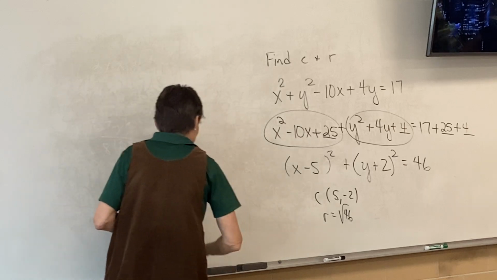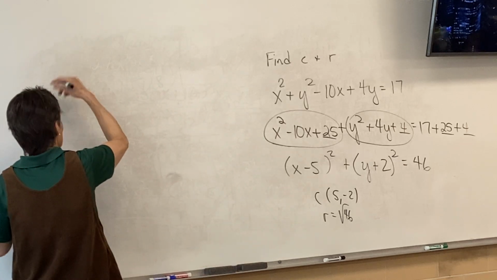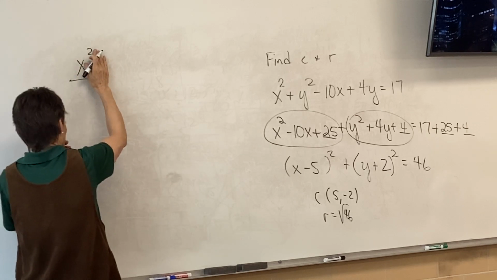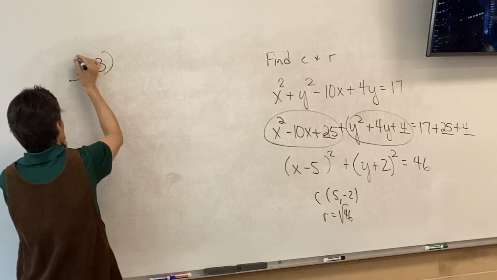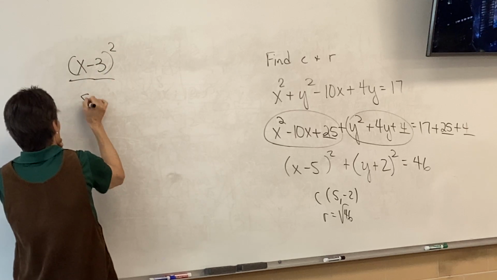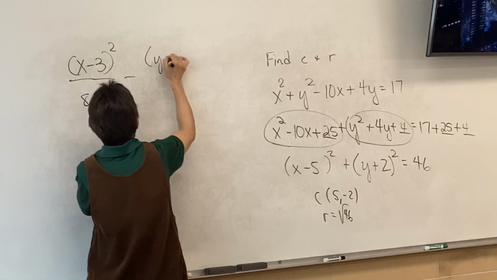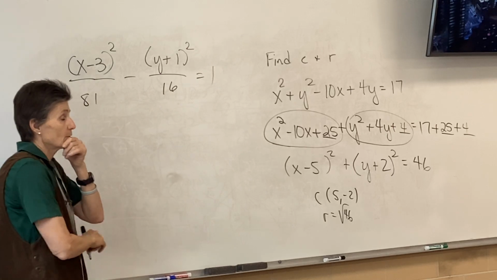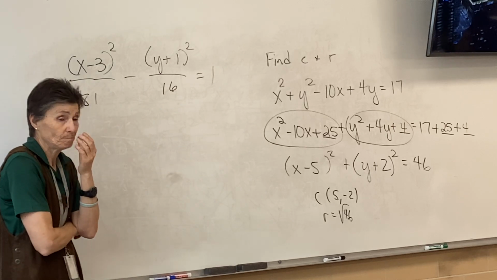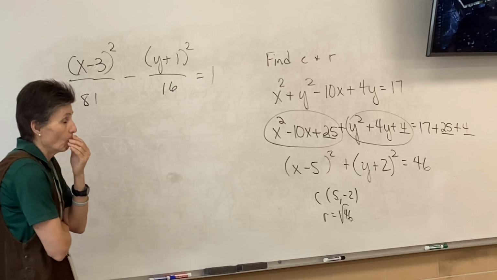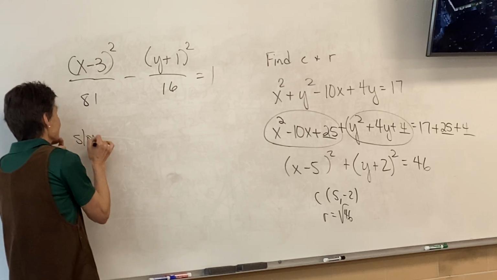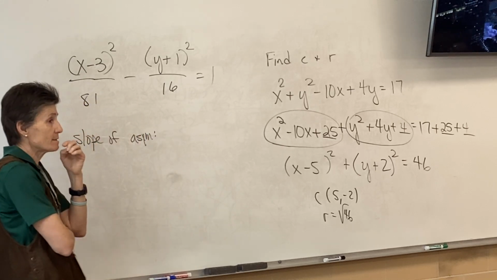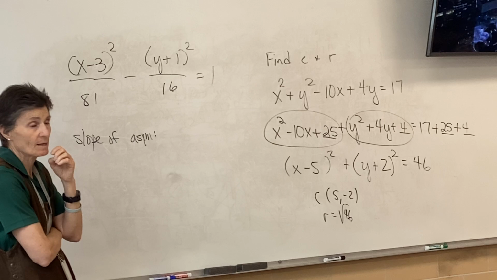Another test is going to have, in terms of the chapter that we just did, x minus 3 squared over 81 minus y plus 1 squared over 16 equals 1. This is a hyperbola. What is the slope of the asymptotes of that hyperbola?